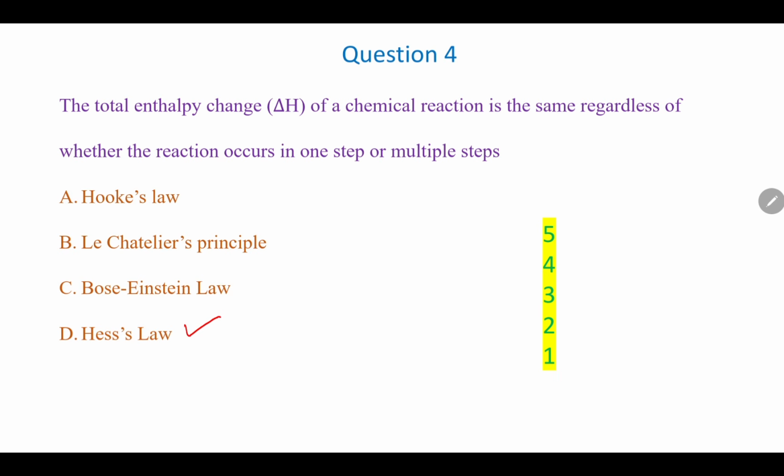What it's telling us is that the total enthalpy change of a reaction does not depend on the path taken by the reaction. So whether the reaction occurs in one step or multiple steps, the total enthalpy of a chemical reaction is the same. Alright, on to the next question.